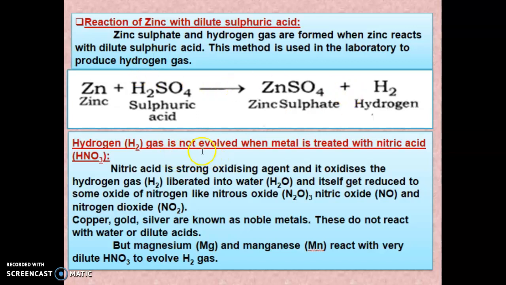Hydrogen gas is not evolved when a metal is treated with nitric acid. Why? Because nitric acid is a strong oxidizing agent and it oxidizes the hydrogen gas liberated to water, and itself gets reduced to some oxides of nitrogen like nitrous oxide, that is N2O, nitric oxide, NO, and nitrogen dioxide, that is NO2.